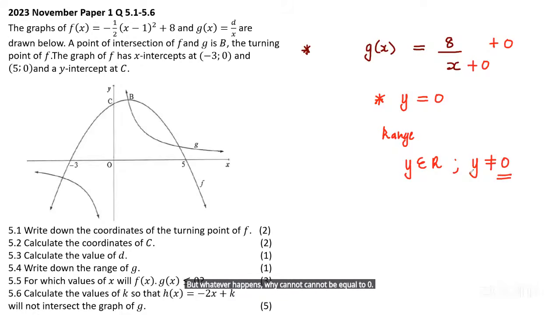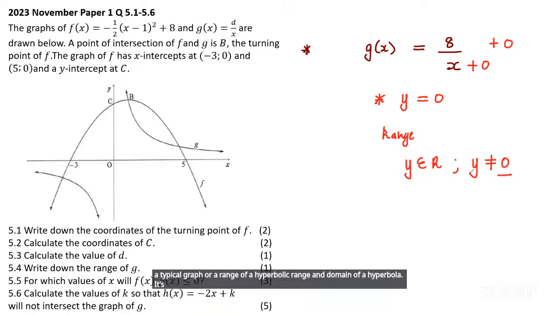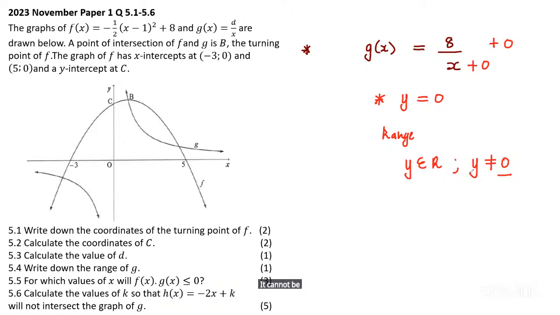That's how you write the range of a hyperbola. Range and domain of a hyperbola: it's always X an element of real numbers, Y an element of real numbers, but all the time it cannot be equal to 0.